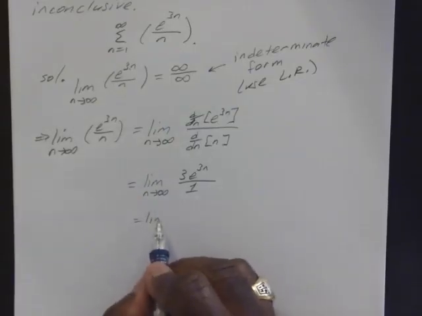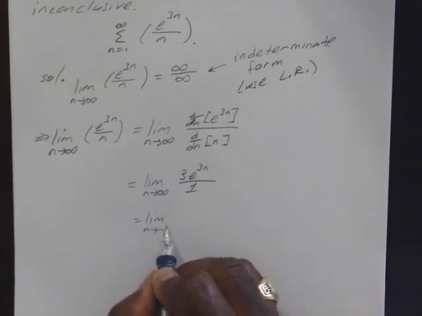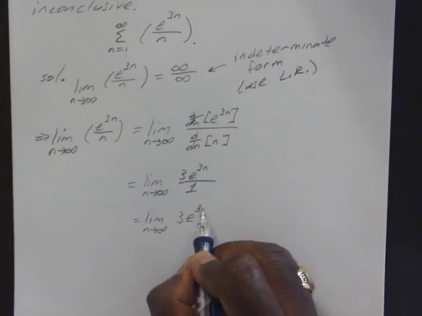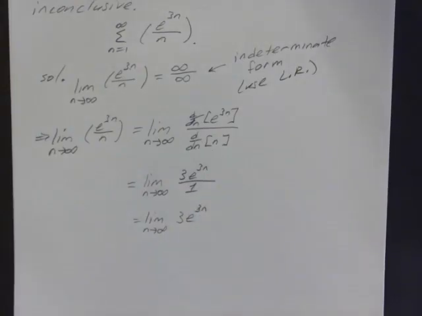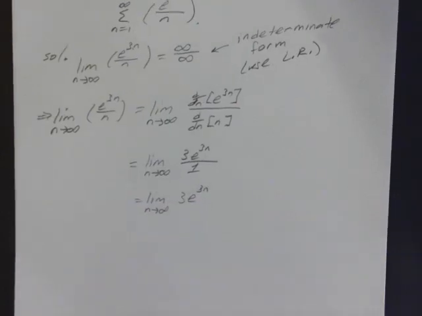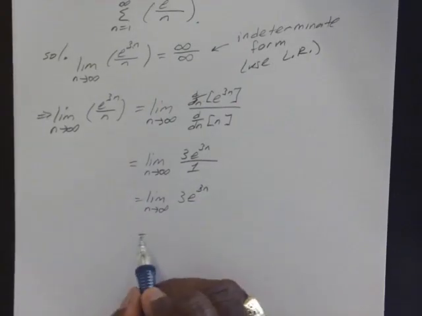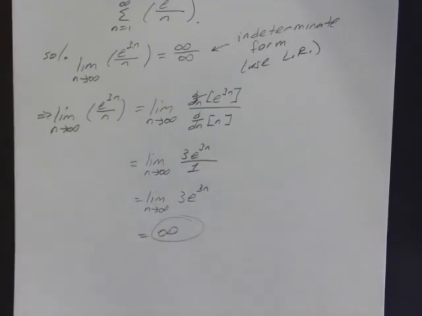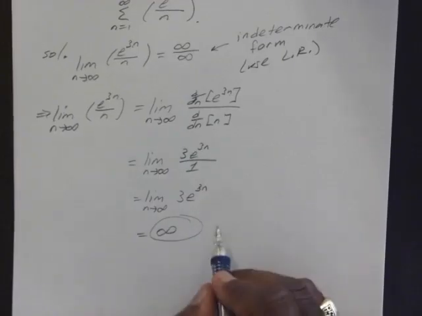Which just simplifies to the limit as n approaches infinity of 3 times e to the power of 3n. But still, as n gets bigger and bigger, this whole thing just keeps getting bigger and bigger. So this limit is still just infinity. Okay, so the limit doesn't exist, so we know that this series is divergent.